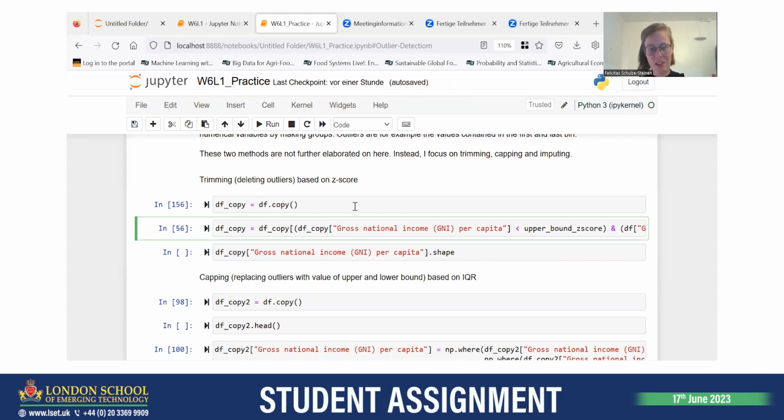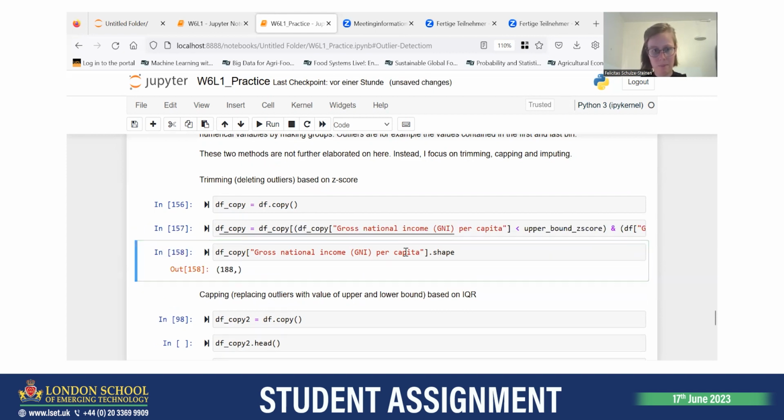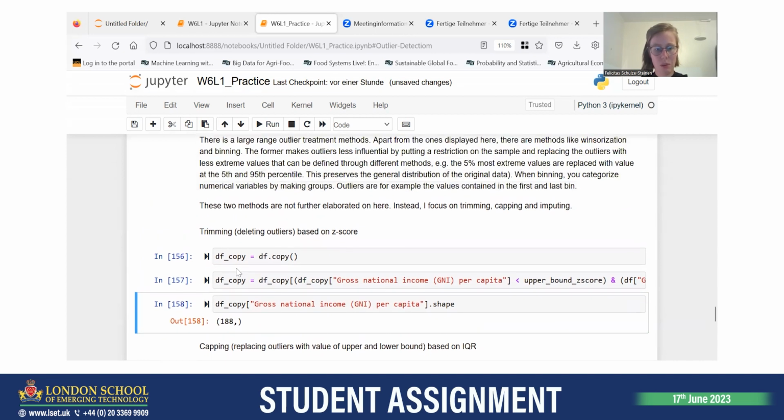So I reverse the conditions formulated in the z-score. Here, anything that is below the upper bound and anything that is above the lower bound, and I use the AND connector here. So here you can see we only have 188 rows left, which makes sense because previously we had 191 rows and 3 rows were outliers, so they were deleted now.